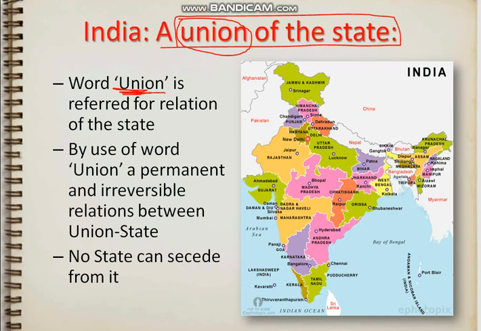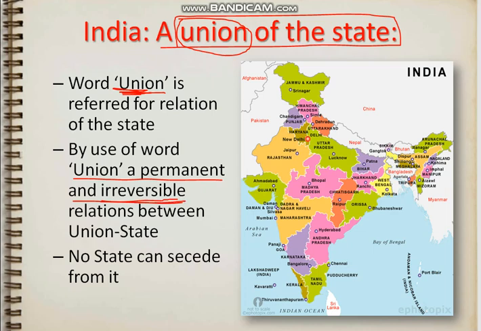The word union is referred for the relation of the state. Relation of the state means all the states are part of India, and no state can secede itself, no state can separate itself from India. By the use of the word union, it is a permanent and irreversible relation, which means it cannot be reversed, cannot be taken back.